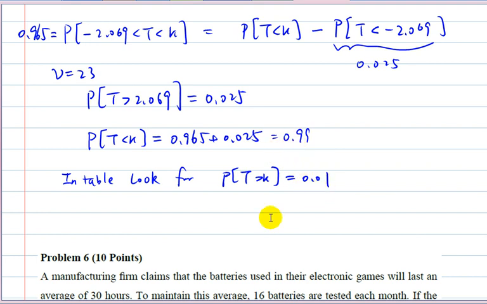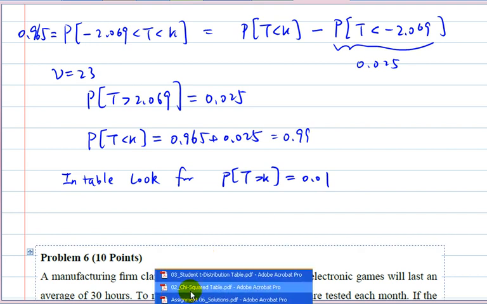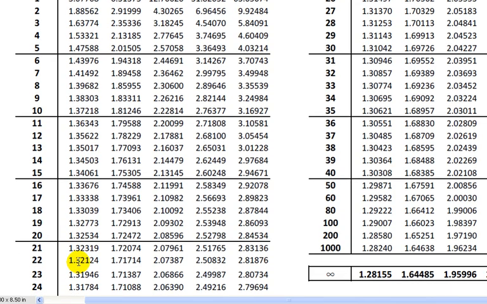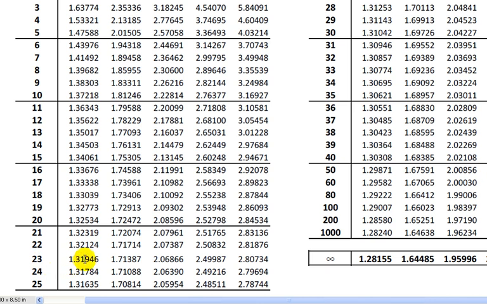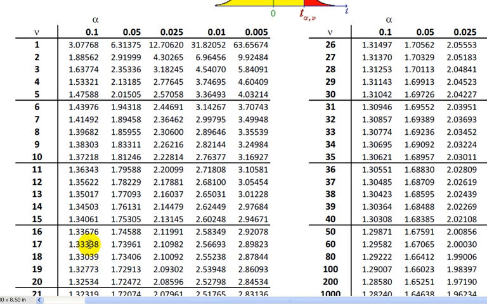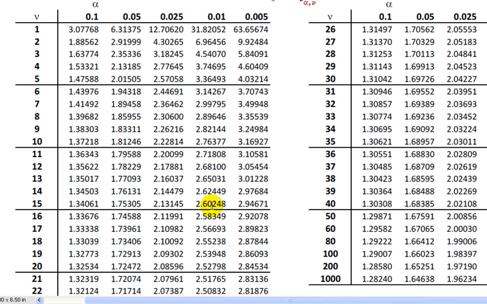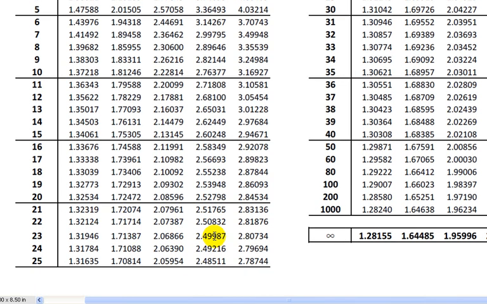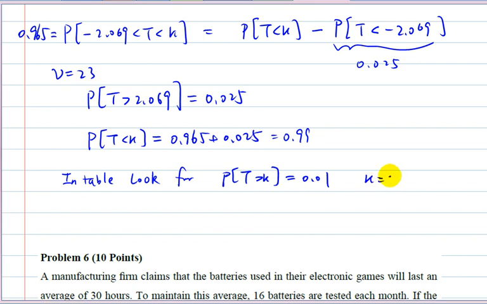Let's see what value gives 0.01 for 23 degrees of freedom. That's the fourth column, right here: 2.499, so K is basically 2.5. It's a little twist in terms of looking up tables. If you use Excel it's probably easier with the Excel formula, but I want you to practice using tables.